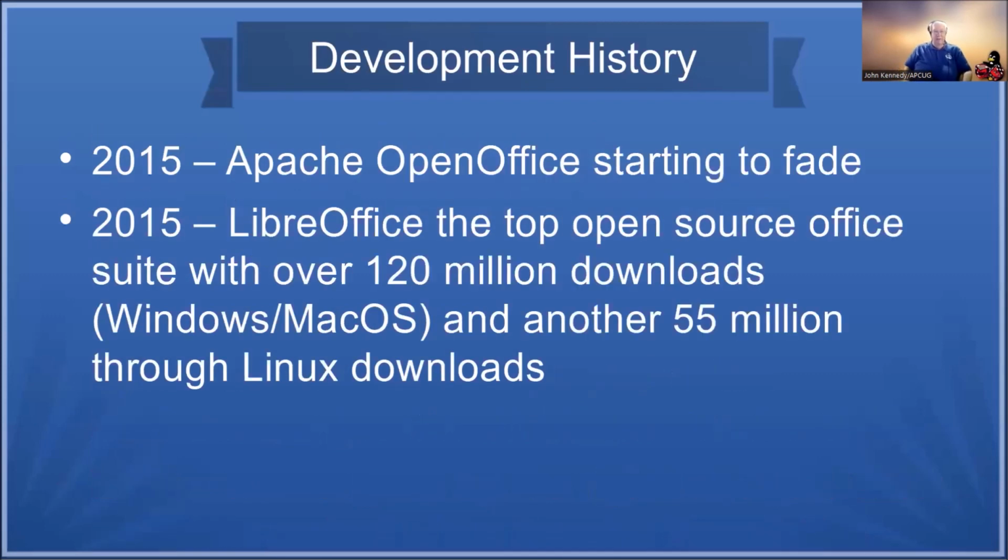But by 2015, OpenOffice had to start fading, and LibreOffice really took off. And there were over, like I said, 120 million downloads by Mac and Windows users, and then 55 million through the Linux downloads. And I'll tell you why this happened at that time.